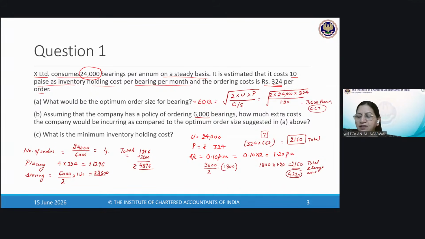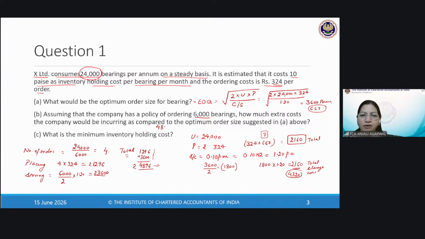So you can see that by avoiding the economic order quantity and shifting from 3,600 bearings to 6,000 bearings, we have increased our total inventory holding cost, the total cost related to how many units should be ordered, from 4,320 to 4,896. So assuming that the company has a policy of 6,000 bearings, how much extra cost would the company be incurring as compared to the optimum order size suggested in A above?